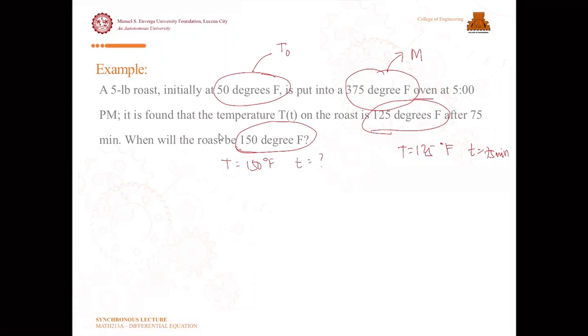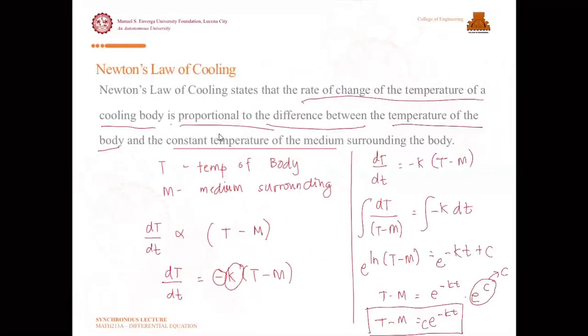Okay? So, in solving this kind of problem, the first thing is to eliminate nyo muna yung mga arbitrary constant nyo dun sa equation na nakuha natin. Okay? So again, babalikan ko muna. So, nakuha natin dito na formula natin for Newton's law of cooling is T minus M is equals to C e raised to negative kt.